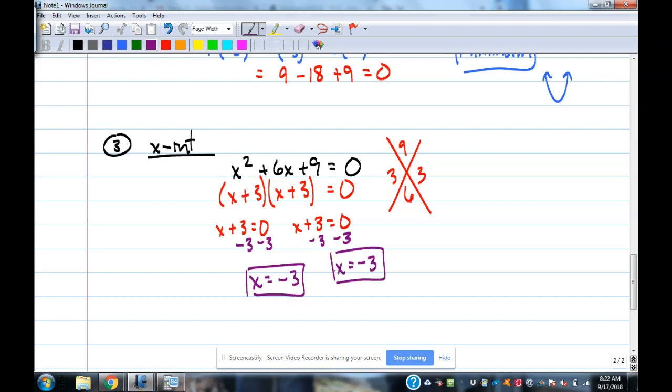So that means there's only one x-intercept. That x-intercept is at the point negative 3, 0. Where have we seen that already? That was the vertex. If it only has one x-intercept, that x-intercept is going to be the vertex.